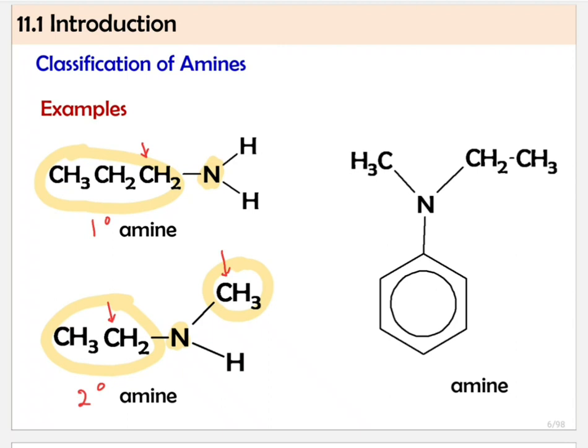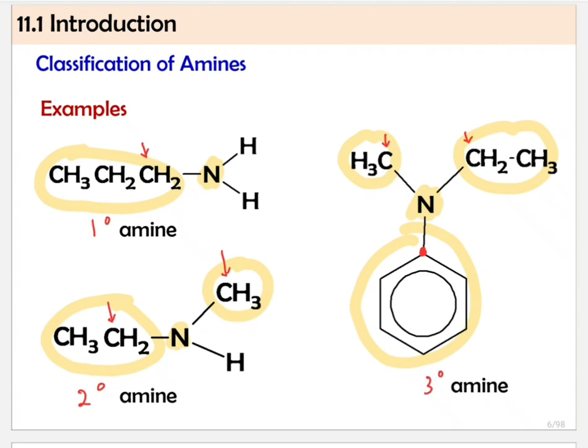And the last one, okay, cari nitrogen. Okay, berapa carbon bonded to the nitrogen? Ada 1 carbon, 2 carbon and 3 carbon. Okay, ataupun kalau kita tengok, okay, alkyl group and aryl group. Okay, jadi ada 3 lah dekat situ. So for this amine, tertiary amine.